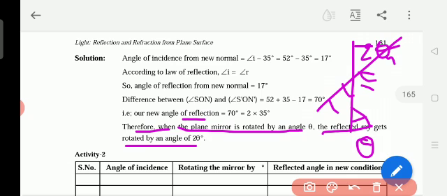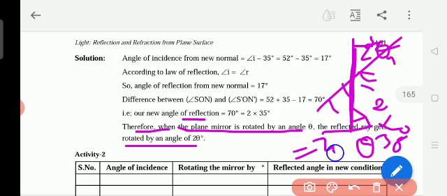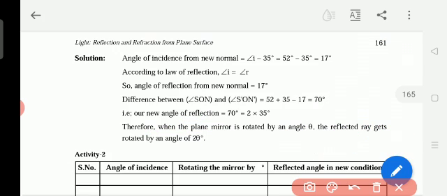That means this plane mirror is at 35 degree, so 2 theta is 35 into 2, altogether 70 degree. So our new angle of reflection is equal to 70 degree, which is equal to 2 into 35.